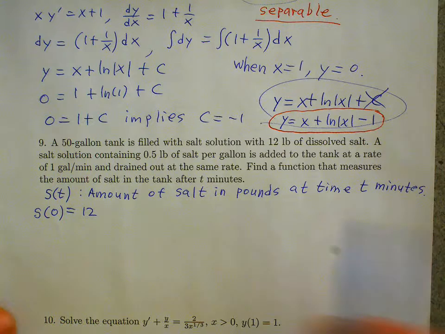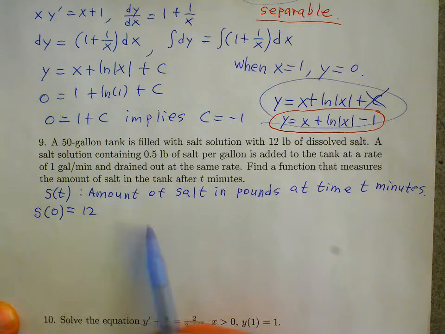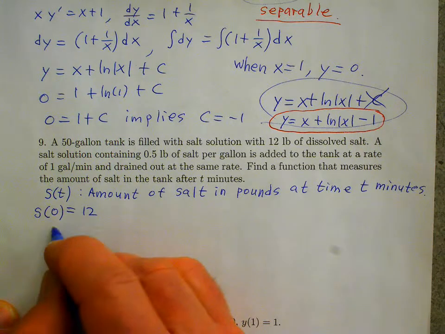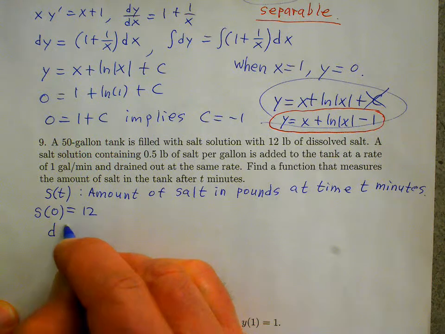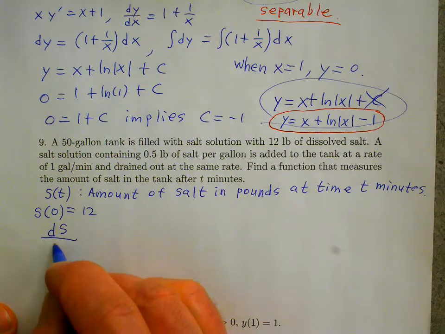And we're given information about the rate of change of the amount of salt per minute. So in other words, the rate ds dt.